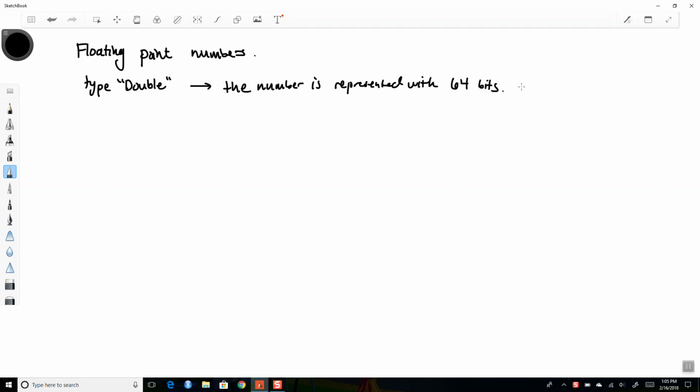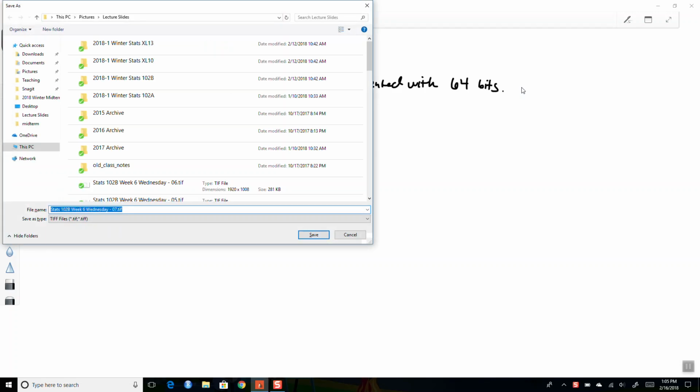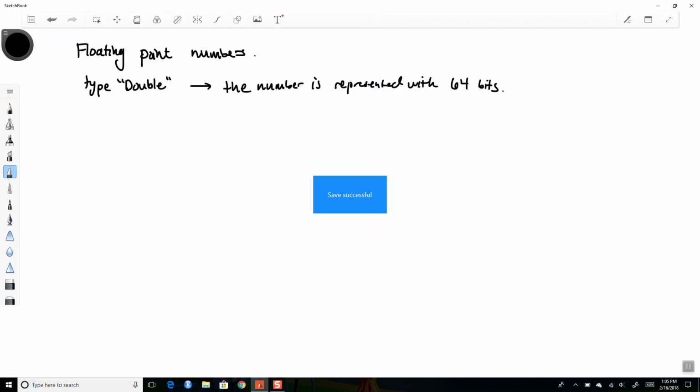Somewhere in the computer there are basically 64 little transistors that are either in the 0 or 1 position. And this is how we represent a number, okay?